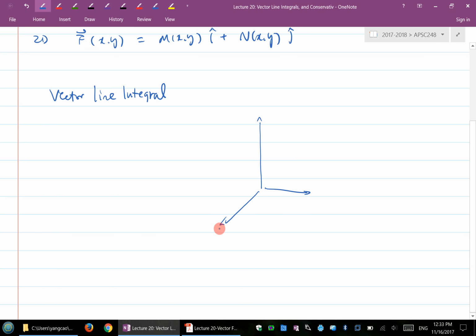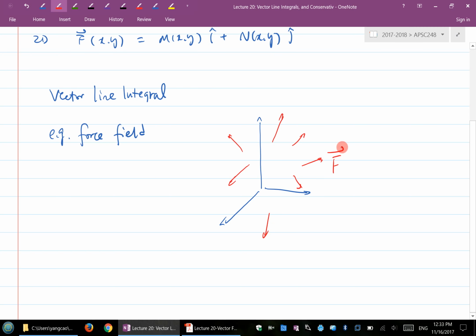Let's say you have a so-called force field, a vector field consisting of many different vectors. I'm drawing it arbitrarily.